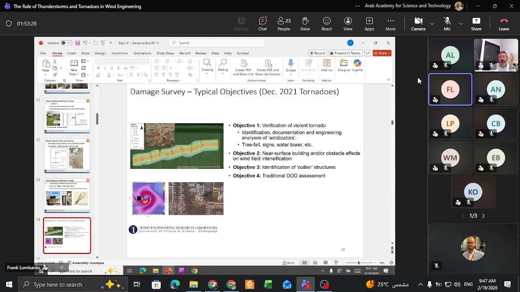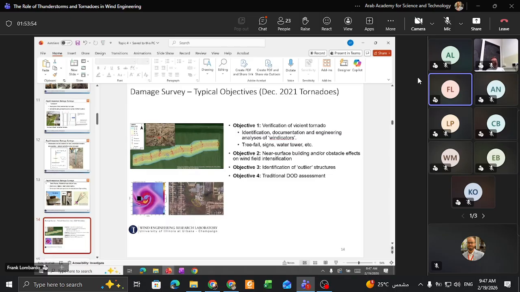The second thing that we're looking at right now is how the tornado and the building interact with each other, especially large buildings. Also looking for what Josip mentioned earlier, what we're calling outlier structures that either behaved a lot better than we expect or worse than we expect.